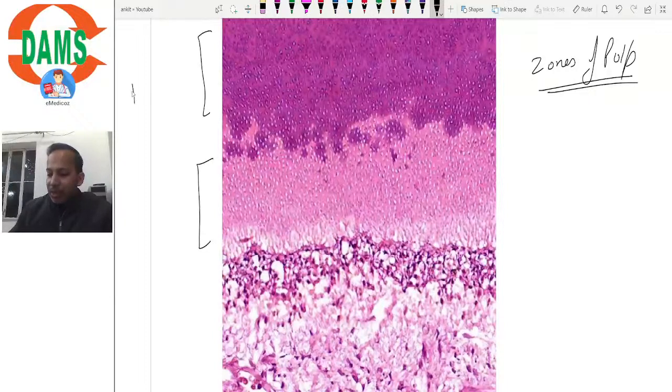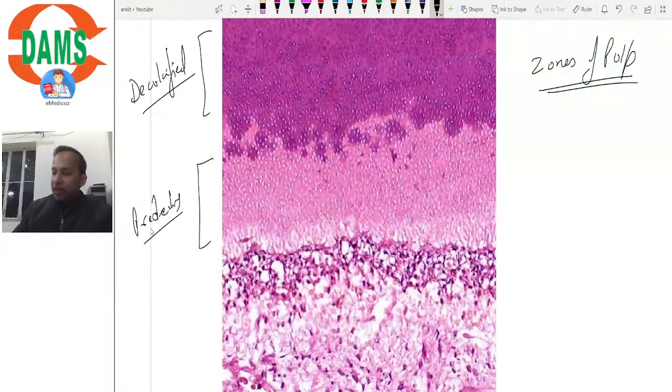The darker section is the decalcified dentin. And the lighter section is pre-dentin. This portion was never calcified. But this portion was calcified and we decalcified it. The darker part tells you that it was the decalcified section and the lighter part is the pre-dentin.